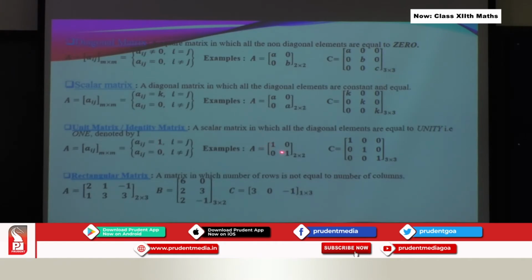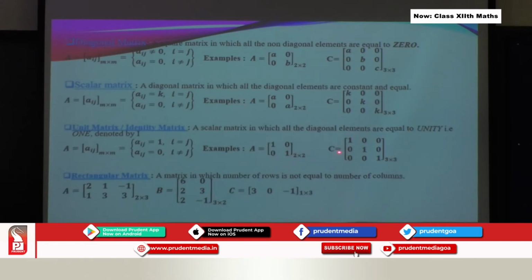You can see along the diagonal what entries you have? 1. Here you can see along the diagonal what entries you have? 1. And non-diagonal elements are 0. So this is a square matrix of order 2 which is a diagonal matrix, and that's why here it is a unit matrix. Why? Because along the diagonal you have the entries as 1.